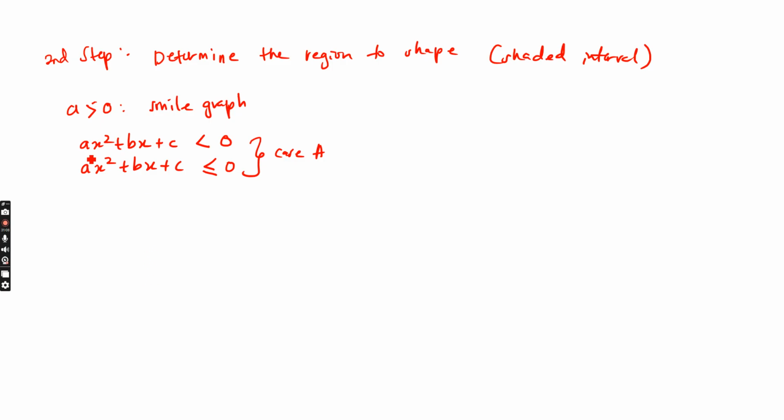First of all, you identify this one first. It is greater than 0, so you need to draw a smile graph. Then you want to know which part to shade. In order to identify which part you need to shade, you need to check the sign here. If it is less than or less than or equal to, you need to shade inside. So where is the inside? Here.